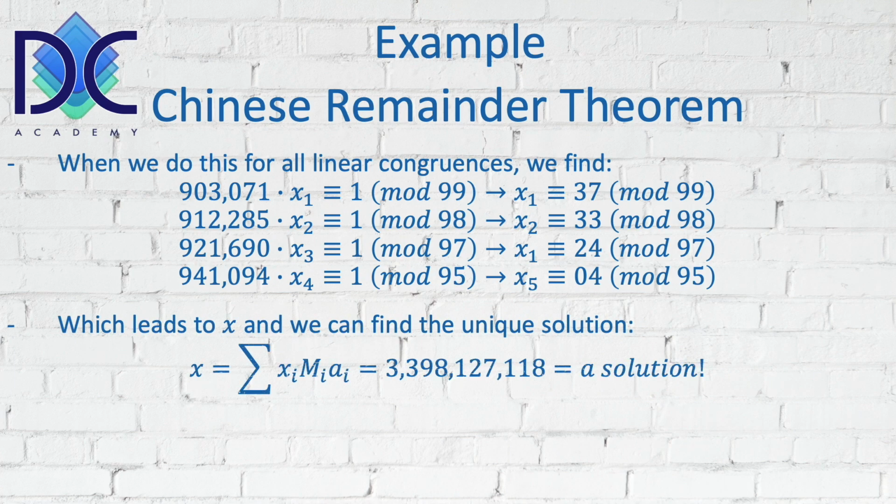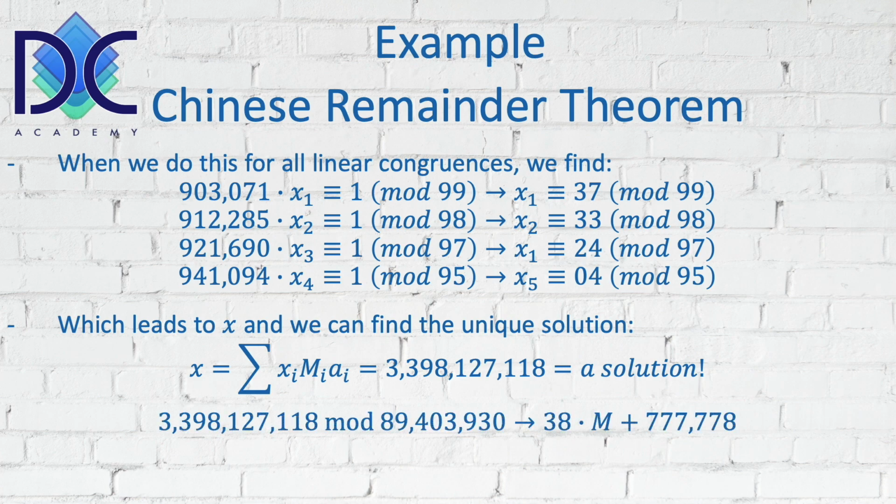So we can find x here. X is the sum of all those multiplications, xi multiplied with capital Mi ai. And we find here the number, it's 3,398,127,118, which is basically a solution.